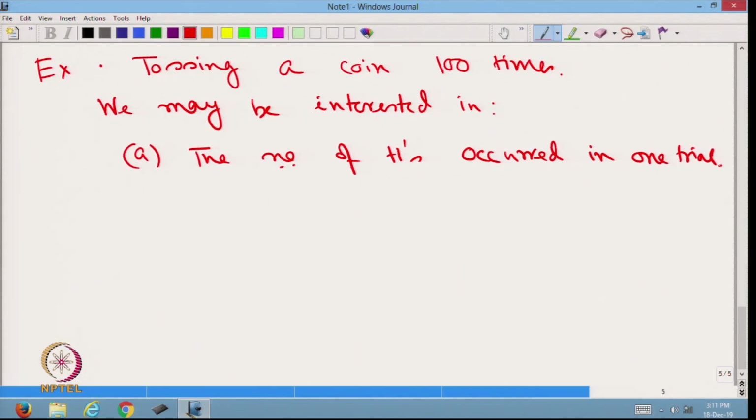Note that here a trial means tossing a coin 100 times and looking at its output.